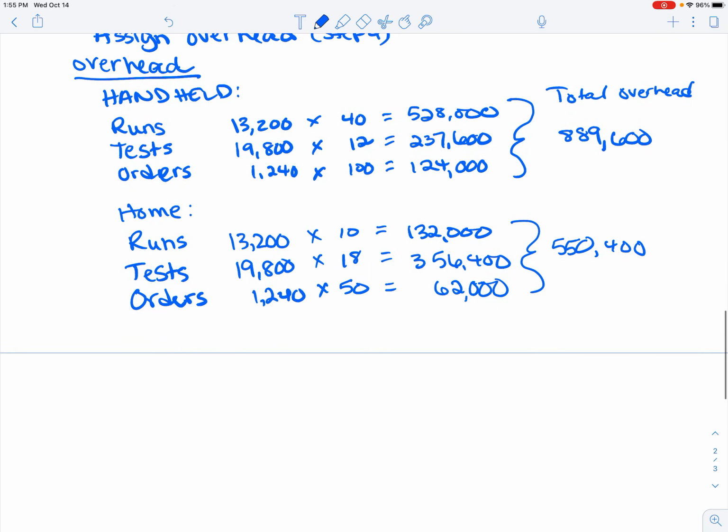So under ABC costing, let's look at the total cost per unit. Remember, we have three product costs. We're going to calculate our total cost per unit, which means we have to bring in all three of those product costs.